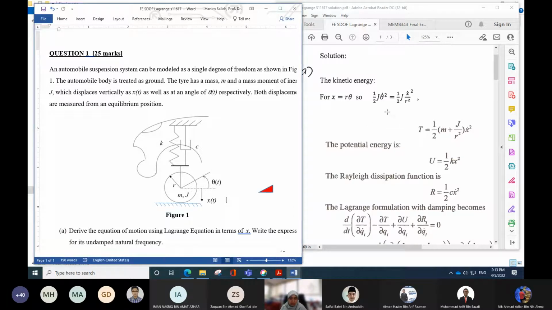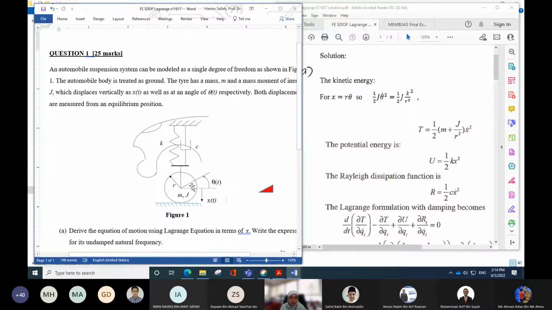For the J, they already asked in the question to write everything in terms of X. So you want to change whatever is in terms of theta into terms of X. K and C are all linear systems, so you will have the expression in terms of X. What is not linear is the J, because it is in the form of half J theta dot square. So you have to convert your theta in terms of your X.